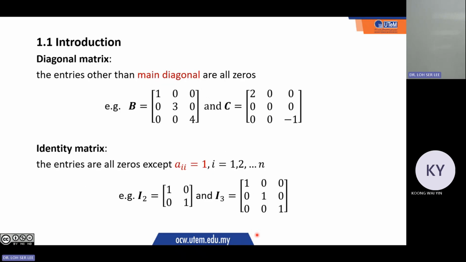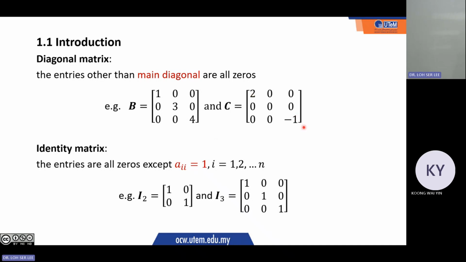Next one, diagonal matrix. A diagonal matrix is a matrix where all the entries other than the diagonal must be 0. So this is a diagonal matrix. Of course, at least one of the diagonal entries should be non-zero.